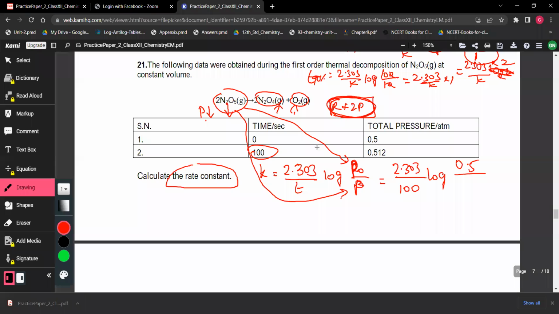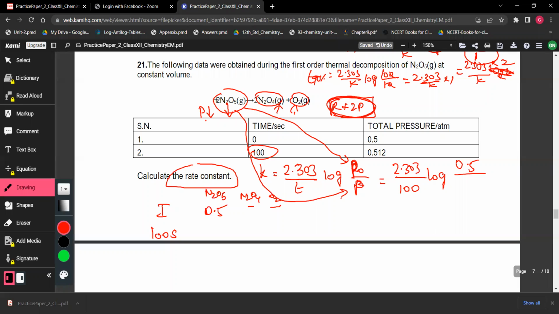How to find it? For that we have to find the exact pressure. So we take initial and at time 100 seconds. And the reactant is N2O5, and the products N2O4, O2. N2O5 initial pressure is how much? 0.5. Initially, these two are not formed, so keep 0, 0. And the pressure of N2O5 at the time T is what?